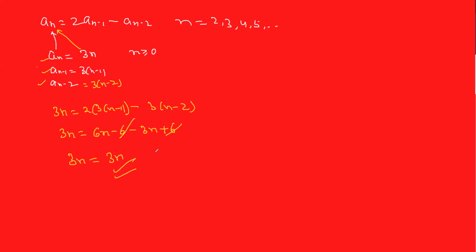This is correct. It means this can be a solution of this, right? Yes. It means the first option is correct, right? Now, yes, you can write that a n is the solution.